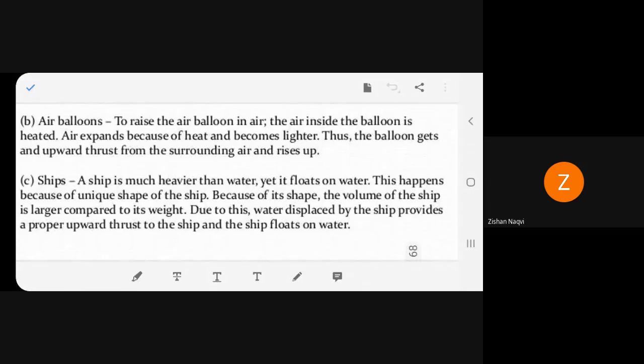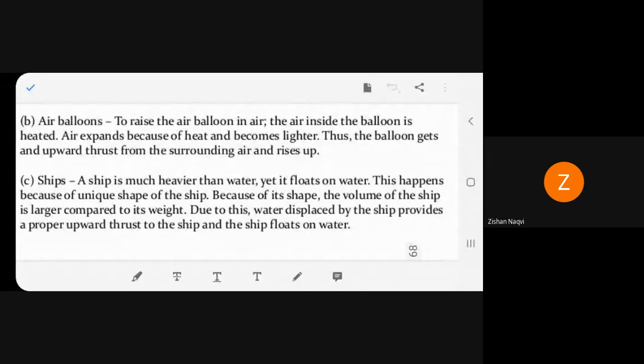Air expands because of heat and becomes lighter. Thus, the balloon gets an upward thrust from the surrounding air and rises up.